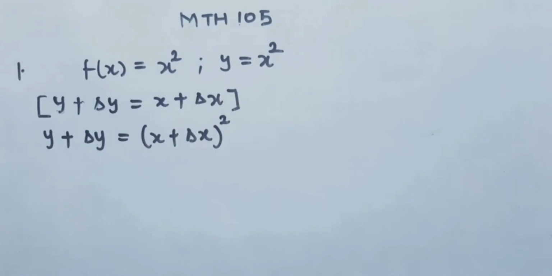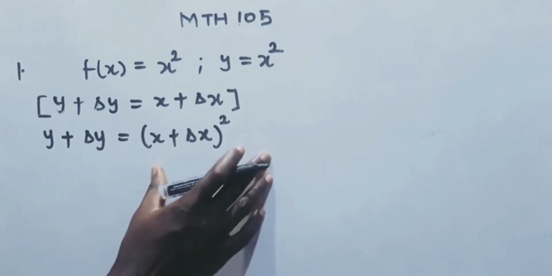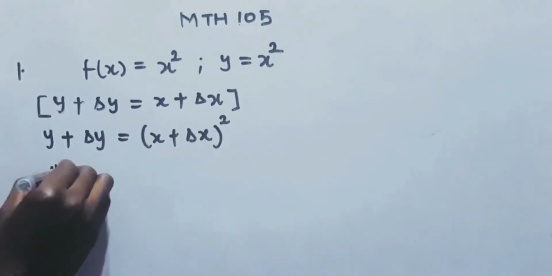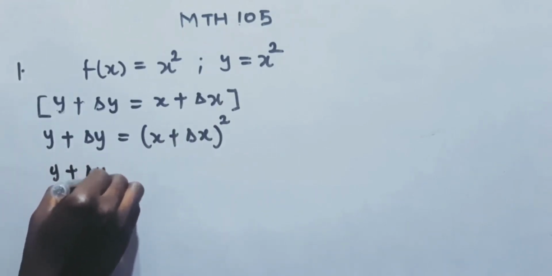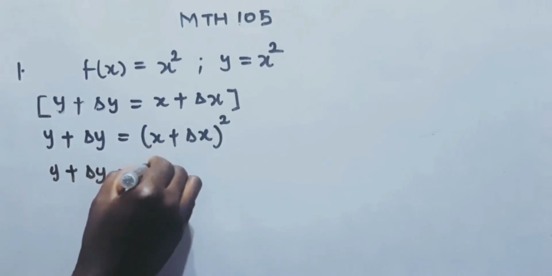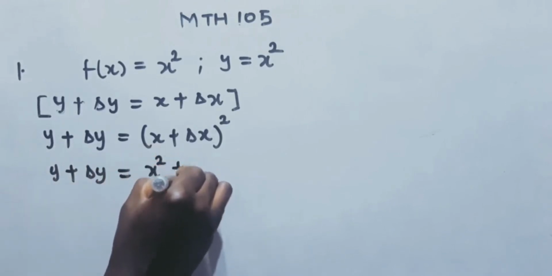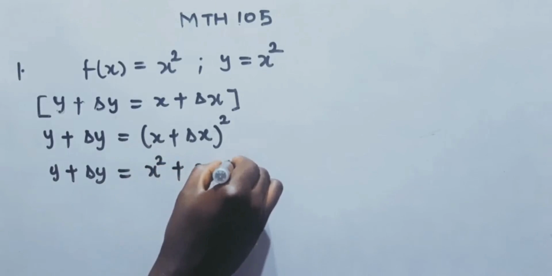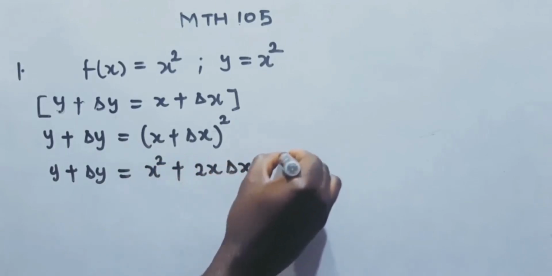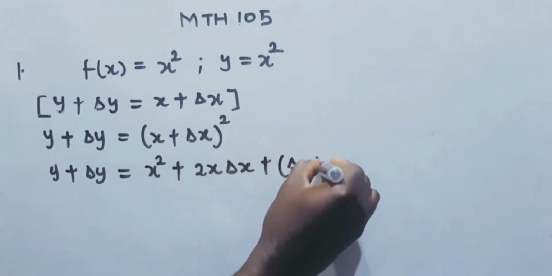Okay, so with that being said, we need to find the expansion of what we have at our right hand side. Y plus change in y equals, the expansion of this would give me x squared plus 2x change in x plus change in x to the power of 2.